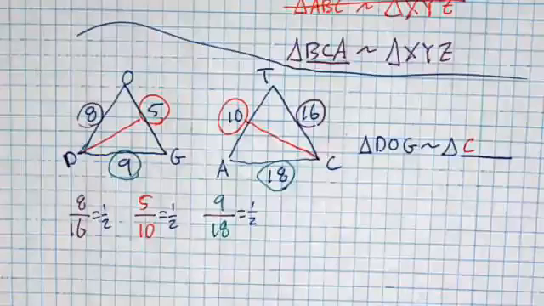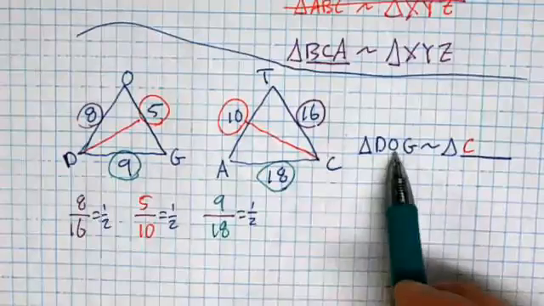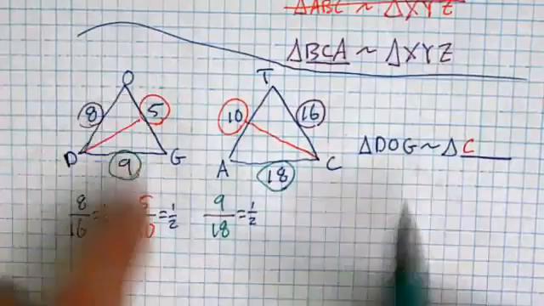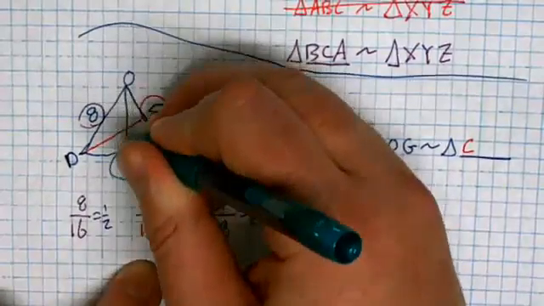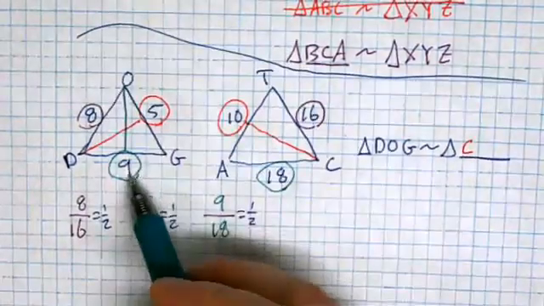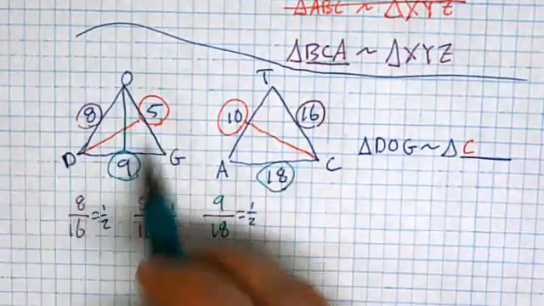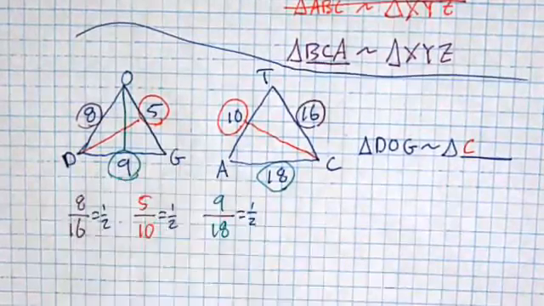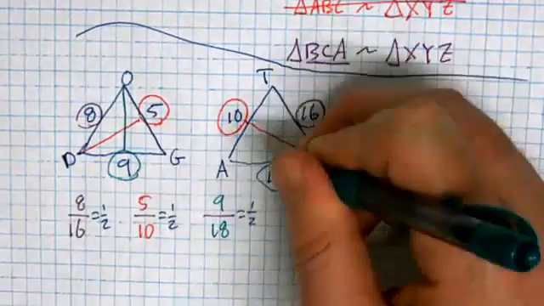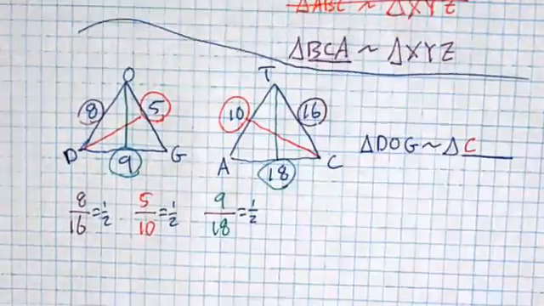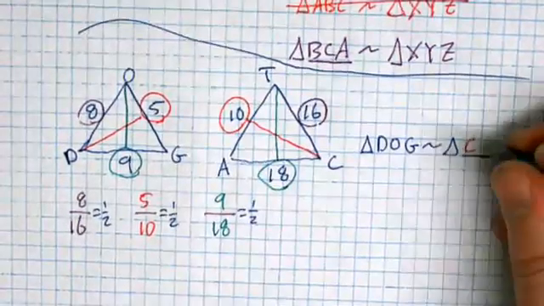All right, what's the biggest? Sorry. O is right here, and I'm looking at O happens to be across from 9. 9's the biggest side, isn't it? What's across from the biggest side over here? T is across from the biggest side, so T must be next.